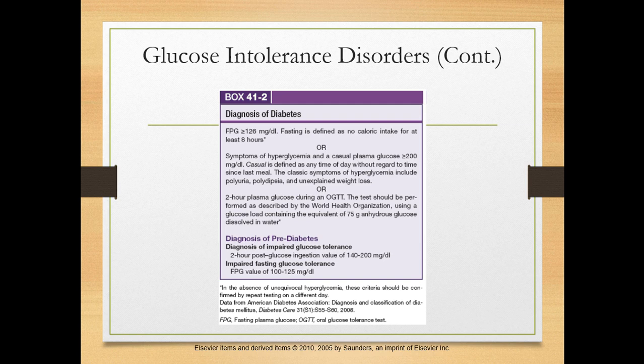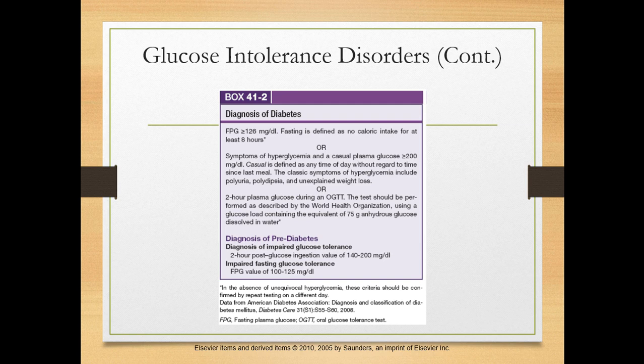Okay, so for diagnosis of diabetes, I think we would imagine that there's a few tests that can be performed. Not to get into a lot of detail with all the testing, however, there's a fasting blood glucose. There's also a 2-hour glucose test.